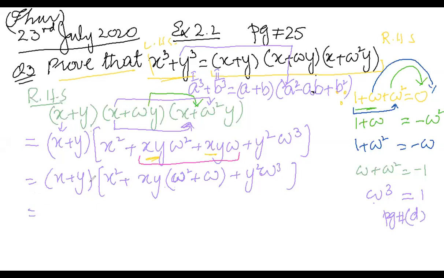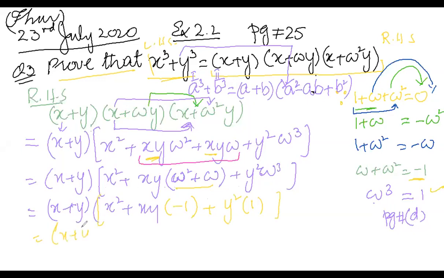So I will put the value here: x plus y will write as it is. Then x square plus xy, omega square plus omega, here you can find omega square plus omega will write here minus 1. So minus 1 we can write here, plus then y square will write as it is, and y cube, omega cube is already given, it is equal to 1.